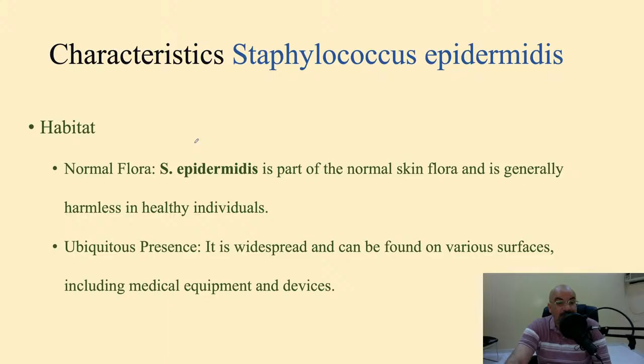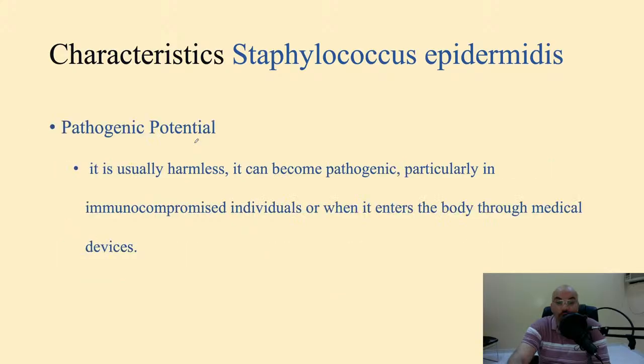As we say, it's part of the normal flora, and it's able to survive on medical devices or patient contacts. And you remember the 5 moments of hand hygiene, the last moment when you touch the patient's surroundings: Staphylococcus epidermidis is able to distribute around the patient's surroundings, devices, bed, and so on.